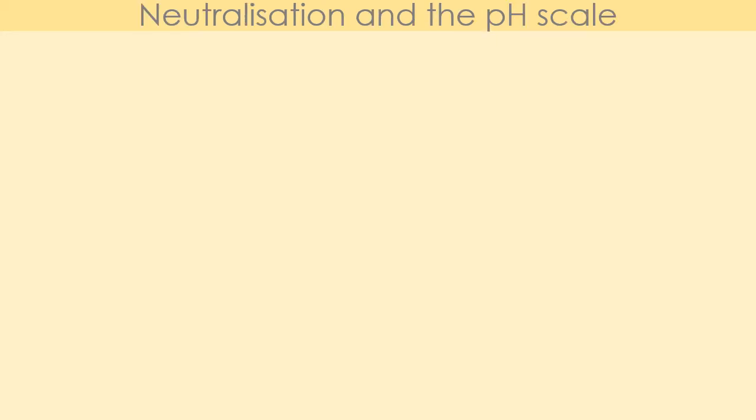So we're going to look at neutralisation and the pH scale. The pH scale is a scale that goes from 0 to 14. So in the middle we have the number 7. The pH of below 7, so from 0 up to 7, we have things that are acidic.